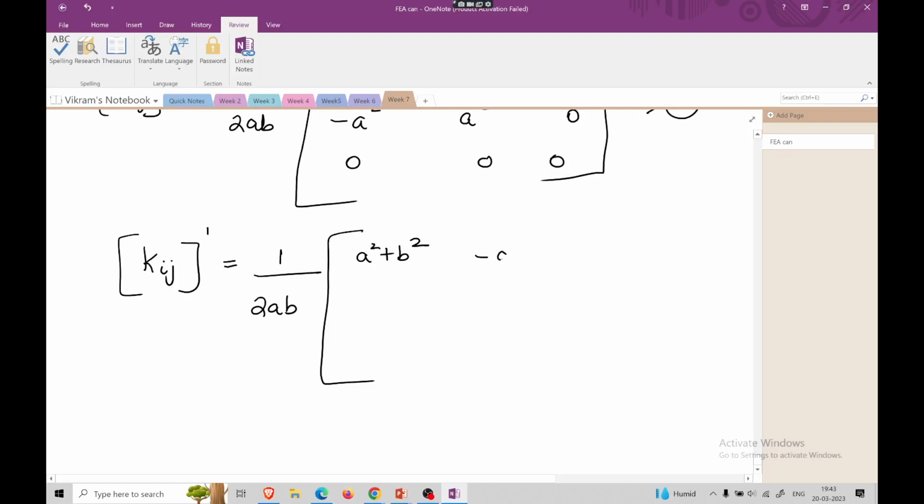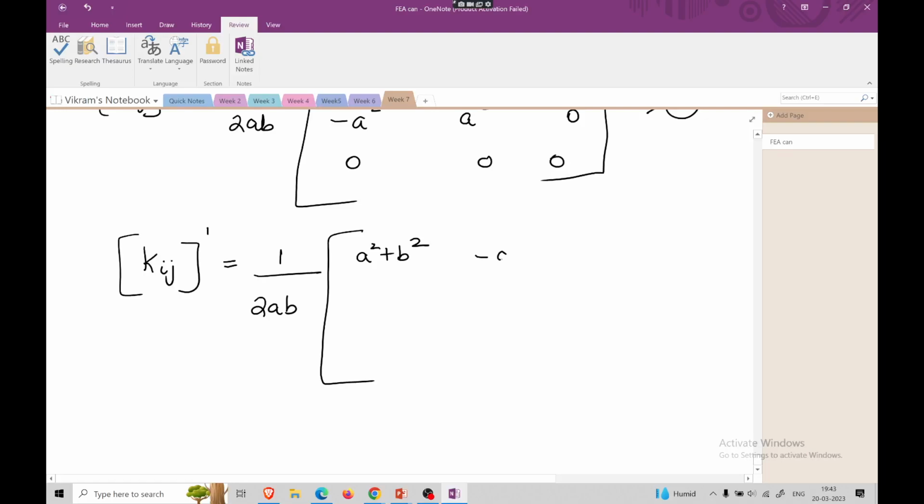What is K14? It is K21 of the second element, minus A square. So what is K21? K13 of the first element, which is minus B square.